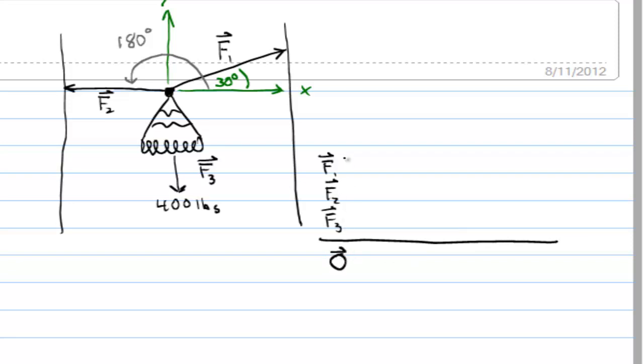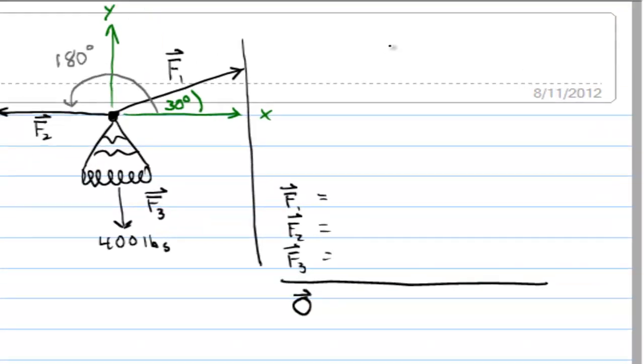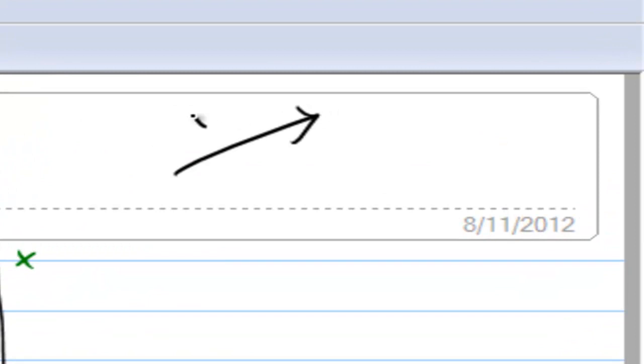To add those up, as we've seen in our discussion on vector operations, the easy way to add vectors is to get them in component form. If you recall, if I take, for instance, a standard vector V, it has a horizontal and a vertical component. And that's what I'd like to get.